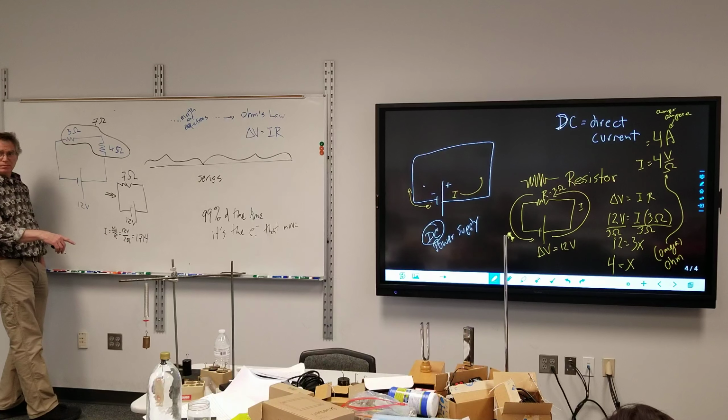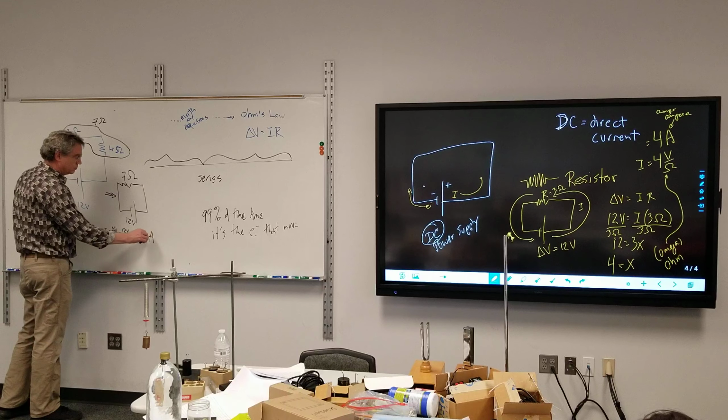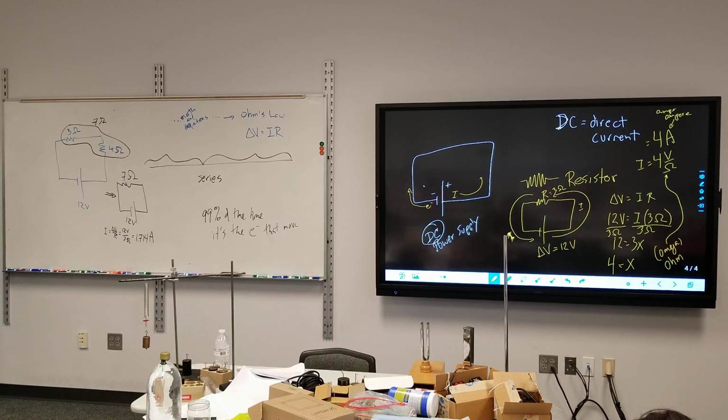Units: amps, or volts per ohm for those who prefer that. So resistors in series, you just add.